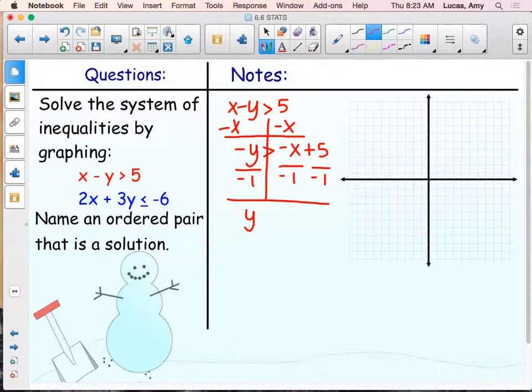So y is less than, I flipped my symbol because I was dividing by negative, y is less than positive x minus 5. So negative 5 is my intercept. My slope is positive 1. It's less than, so a dashed line, and shaded below.